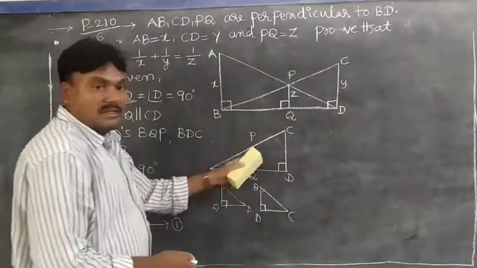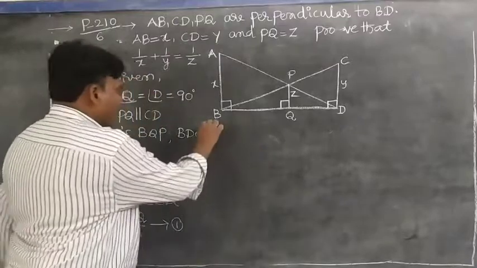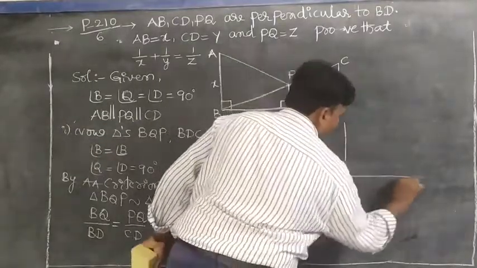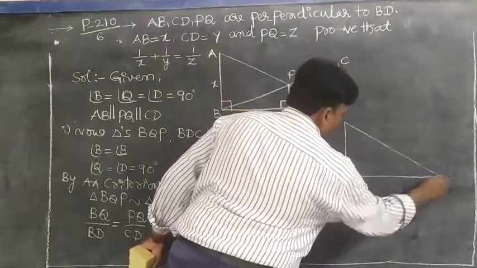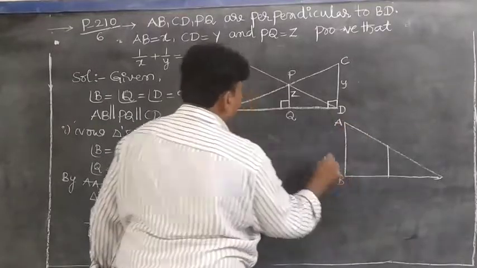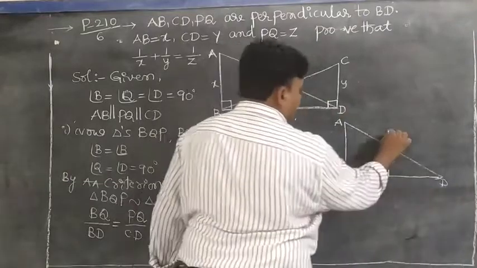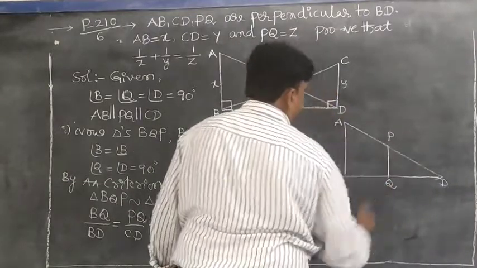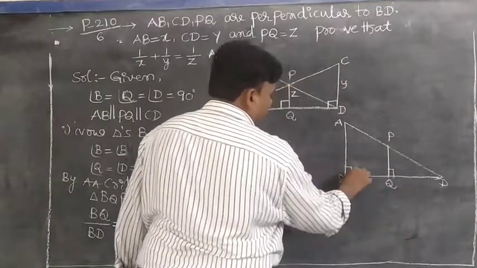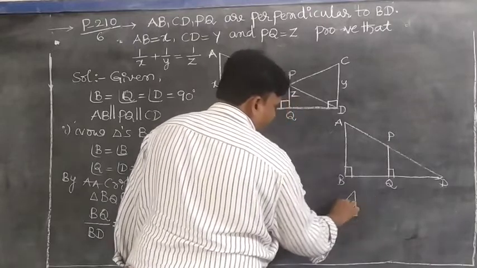Shall I clear this, students? Observe. Next, we take this triangle aside. Observe A, B and D. Here also PQ is there. Here angle Q is 90 degrees, angle B also 90 degrees. We take them separately.